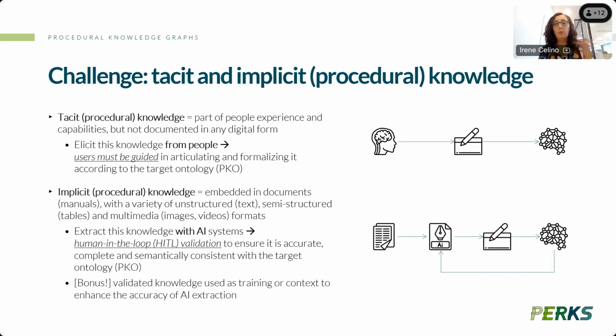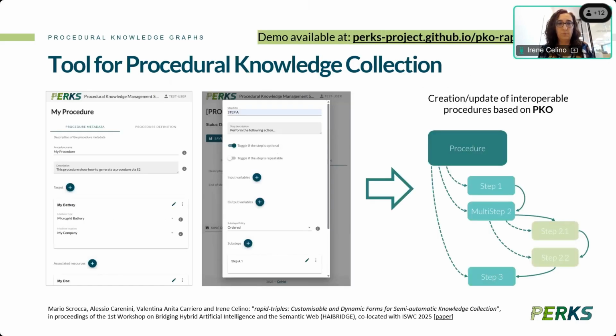Okay, so how do we extract or collect this tacit knowledge from people? We build a tool. The first tool that I showed you is a very generic tool. The link on the top shows that there is a demo available. It's a web form that behind the scenes hides the translation of what the user writes in the form into an actual RDF representation according to Pico.